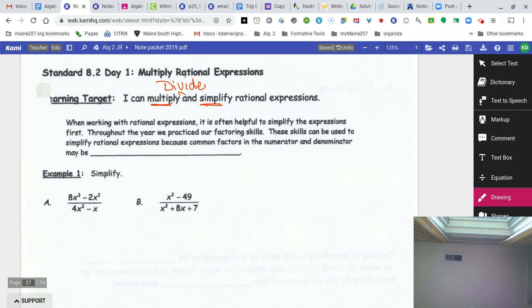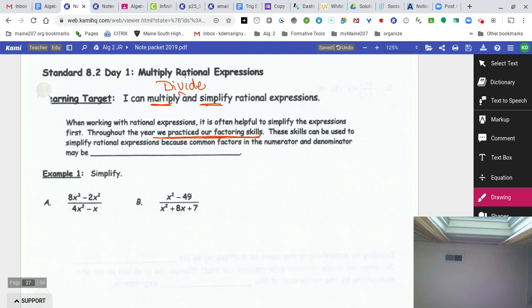When working with rational expressions, it is often helpful to simplify the expressions first. Throughout this year, we practiced lots of factoring. I told you it was never going to go away, and it is not. Here it is again, the final skill of the year: can you factor?